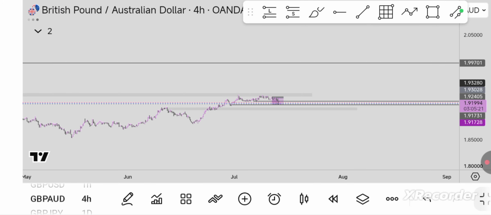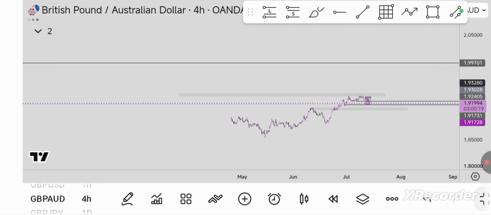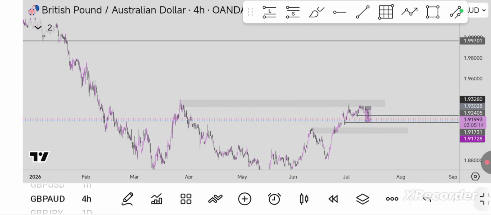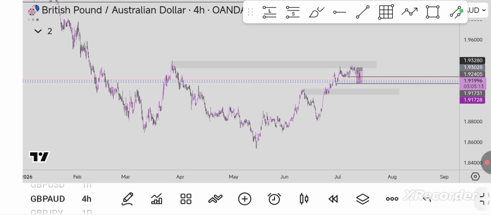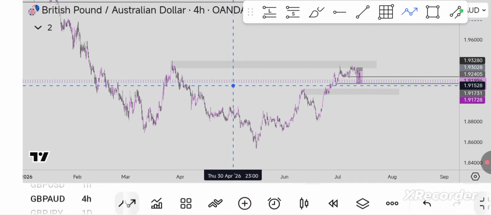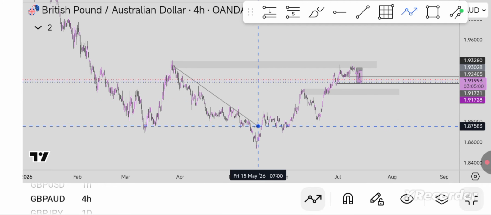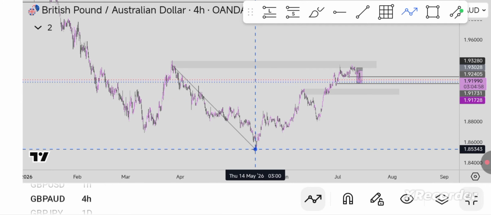Our 4-hour time frame is where we will be doing the main analysis. Now, if you can see on the 4-hour time frame, the trend is kind of different. On the daily time frame we are bearish. Now on the 4-hour time frame, you will see this move is a bearish move to this place.